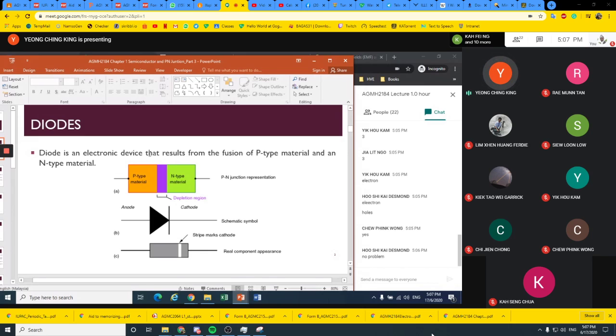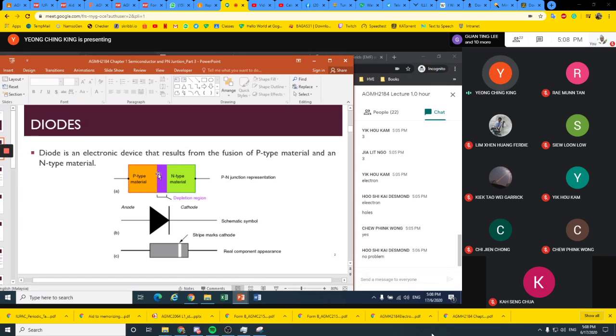So first of all, we look at here. A diode is an electronic device that results from the fusion of p-type material and n-type material. So like shown in this figure, you have p-type and n-type. In a simple way, we say it is combined together.